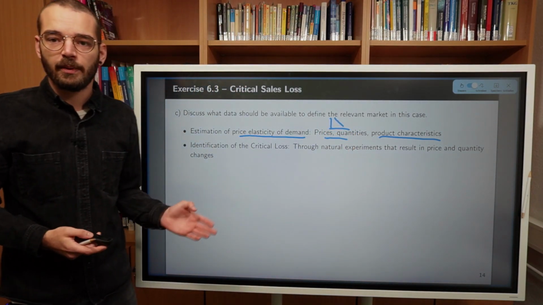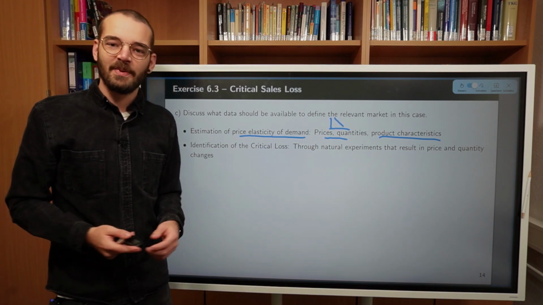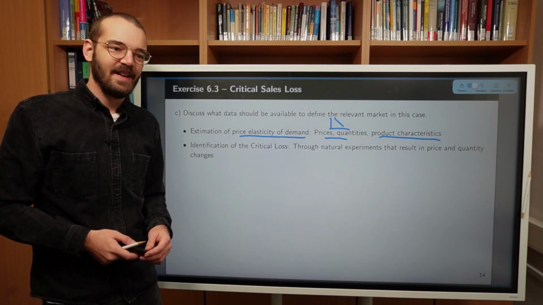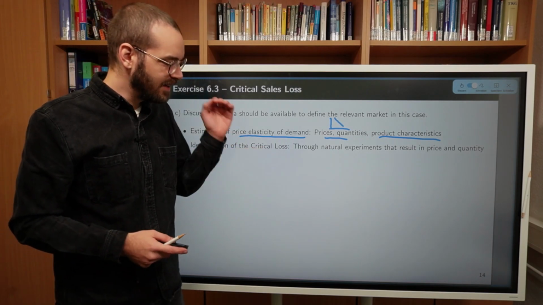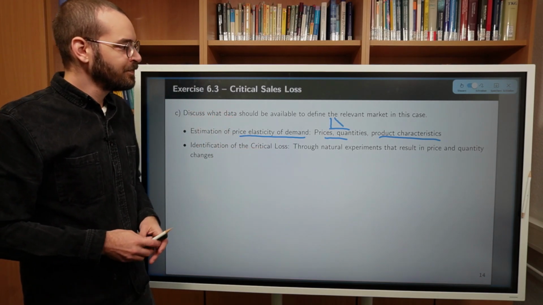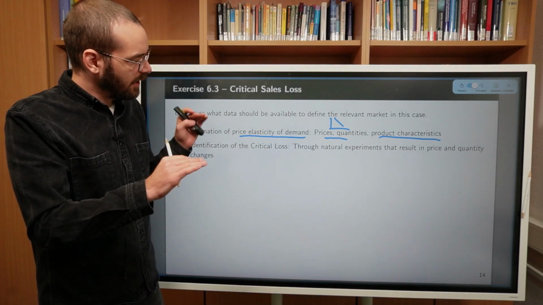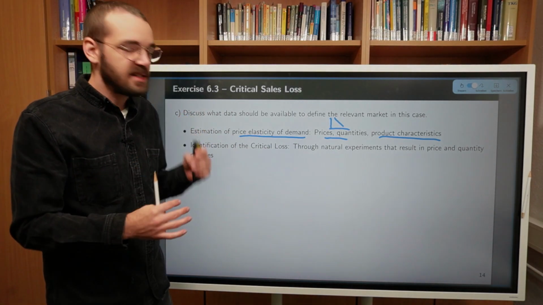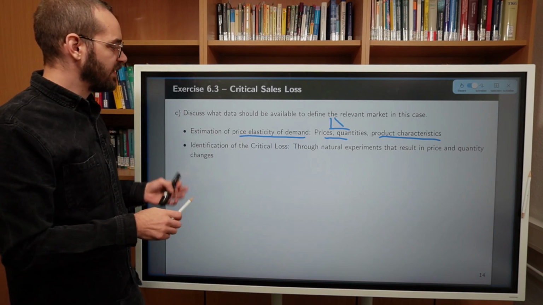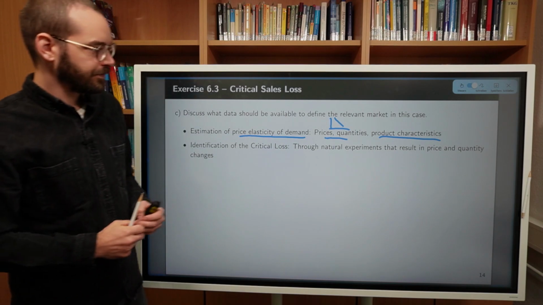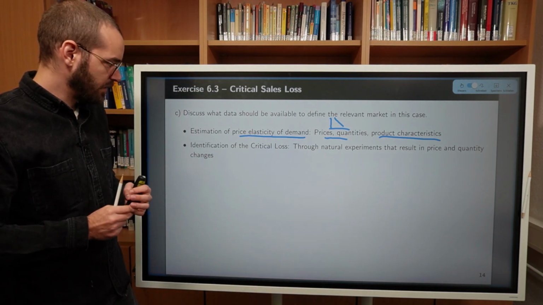And of course, in the real world, demand functions typically do not behave as nicely as they do in this lecture. So we usually do not see linear functions. So we need a bunch of combinations of price and quantity so we can actually estimate a demand function, and with that, the price elasticity of this demand function.